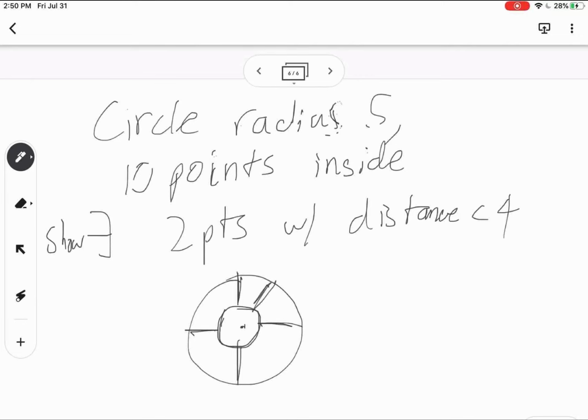First of all, you can use pigeonhole to conclude that there must exist 2 points in one of these 9 regions. And if you look at this distance, you can actually show that it is less than 4, and this distance has to be the greatest distance in one of these regions. This is not that hard to show. It's just some trig.